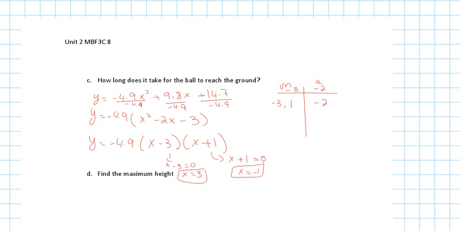Both of them make sense? No. So, the ball hit the ground when? 3 seconds. Yeah, I'm writing it.